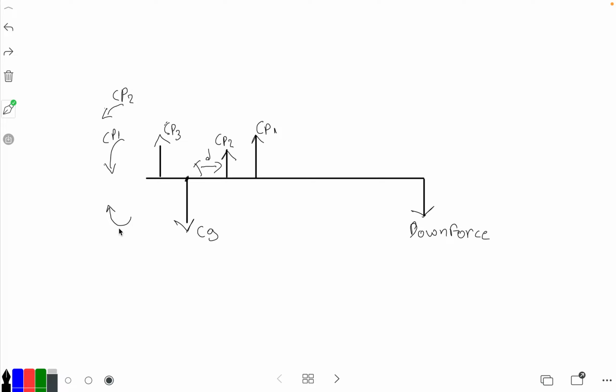So we must reduce the downforce in order to maintain straight and level flight.